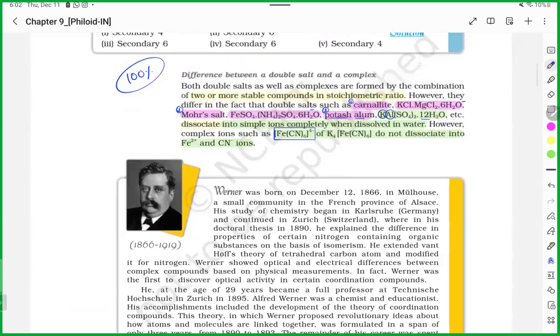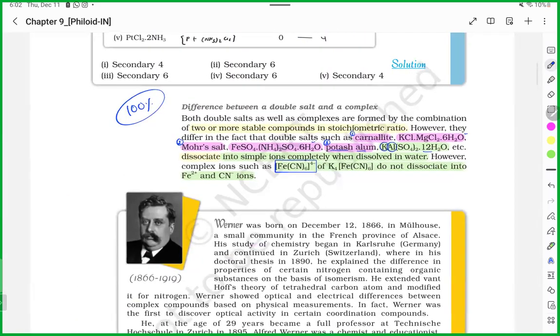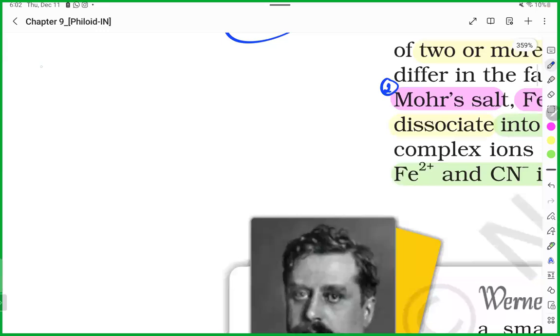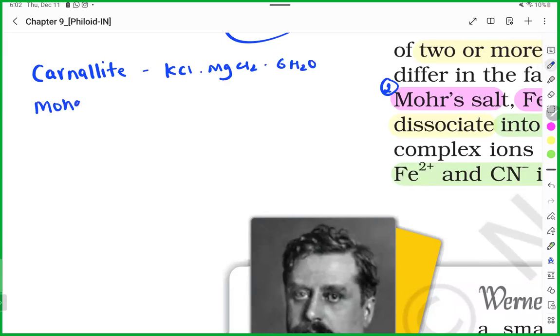For these salts, what you have to do is write them again and again. Carnallite is calcium chloride, magnesium chloride, and 6H2O. Then Mohr's salt: iron sulfate, ammonium sulfate, and 6H2O.